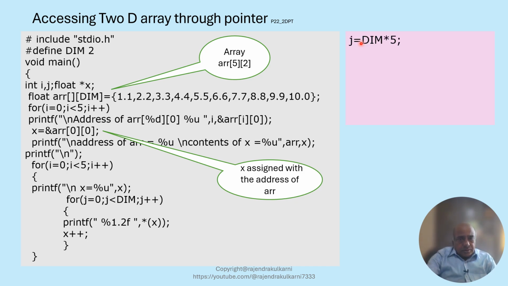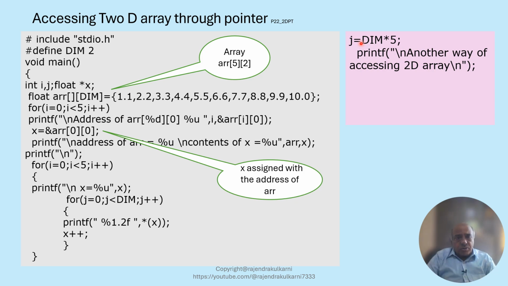And another way of accessing the values of 2D arrays using pointer notation is we simply find out the number of elements this array contains, and since this is a 2D array, it is given by the multiplication of both the dimensions.